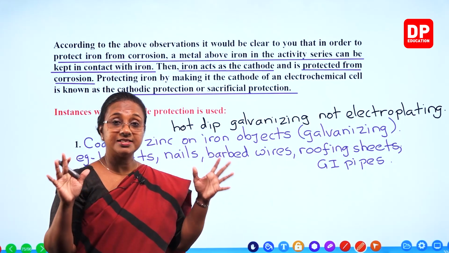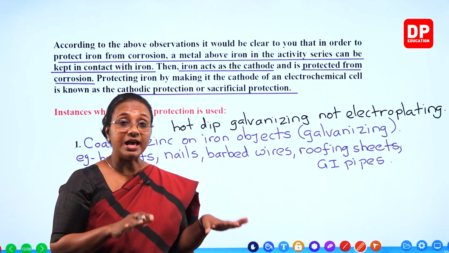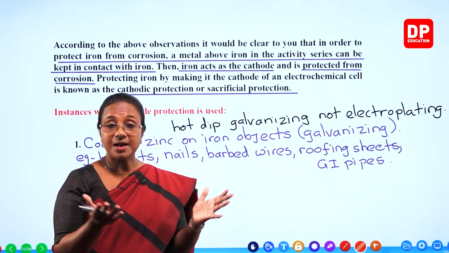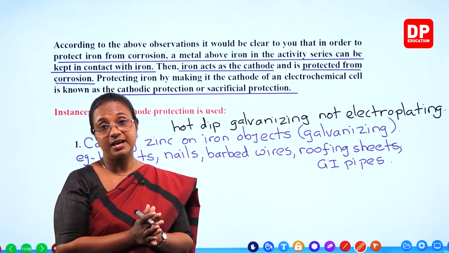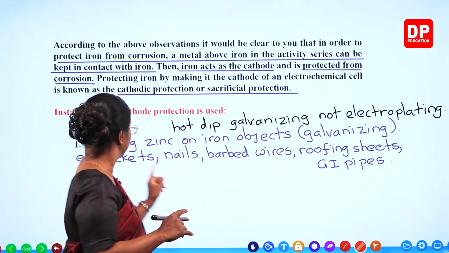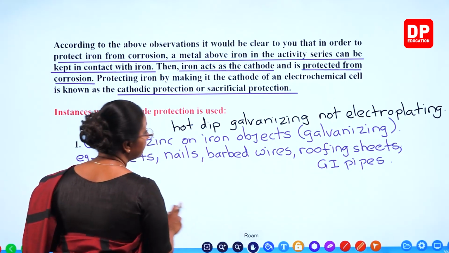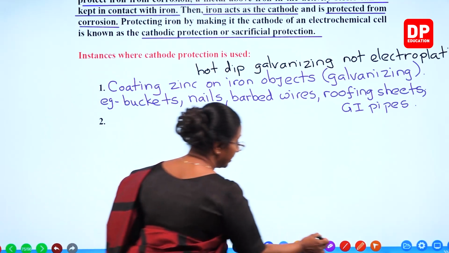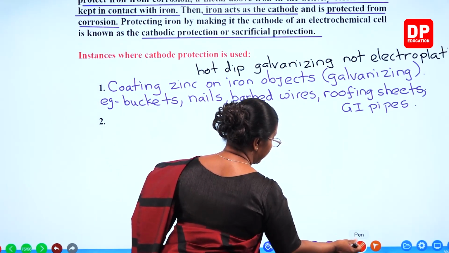So there is a liquid of zinc. Into that you submerge the iron object and the zinc coating gets applied onto the surface of iron. Is that clear? So that is one method of preventing iron from rusting using the cathodic protection method.